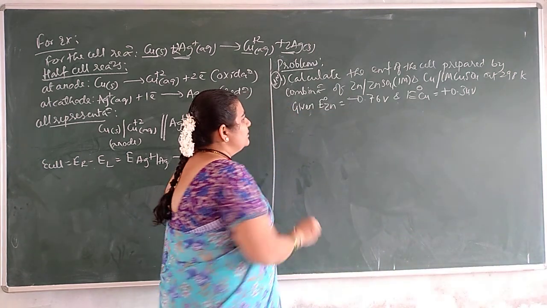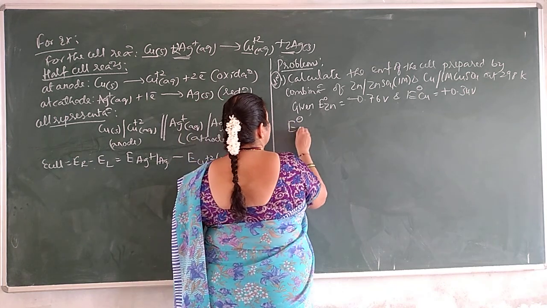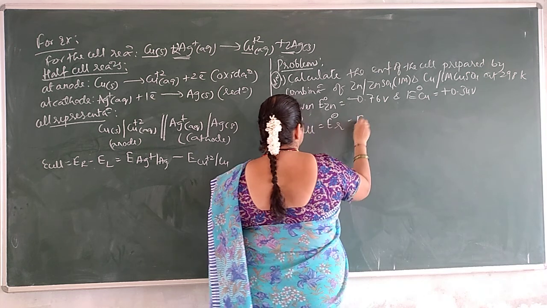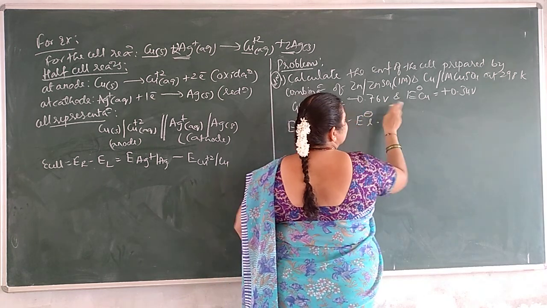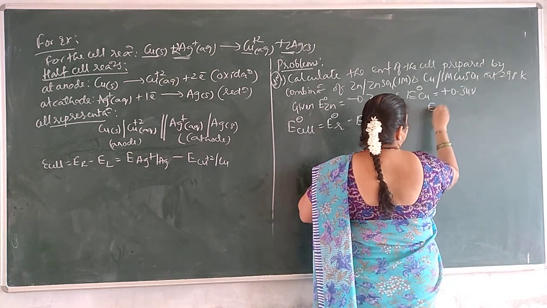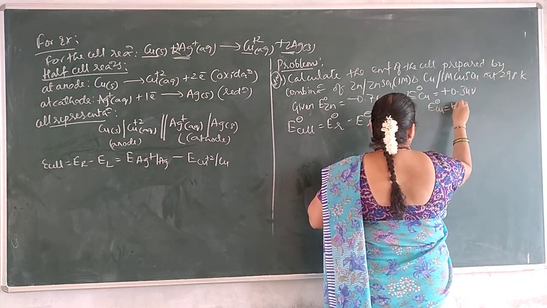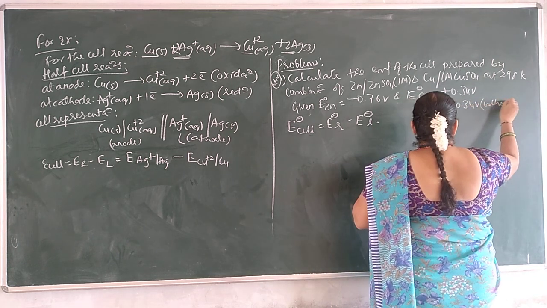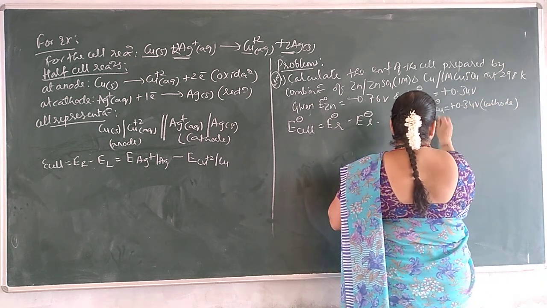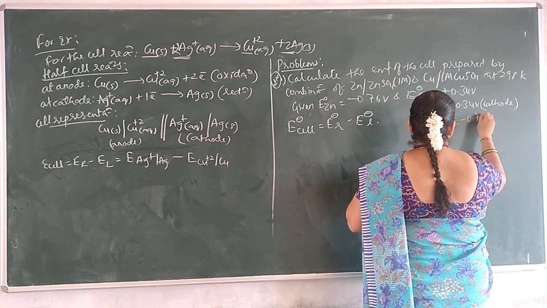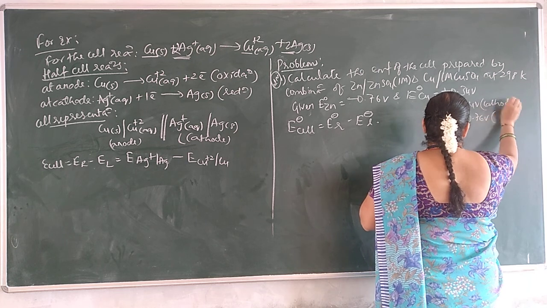Now EMF of the cell. E0 cell is equal to E0 right minus E0 left. Here E0 Cu is having positive value, so it is taken as cathode, and E0 Zn is having negative value, so it is taken as anode.